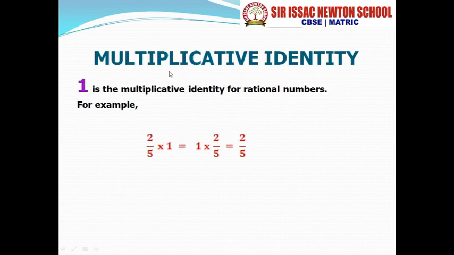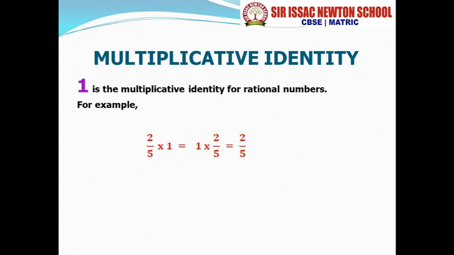What is multiplicative identity? When I multiply a rational number by 0, the value becomes 0. But when I multiply by 1, I get the same number. Suppose a rational number is 2 by 5, when 2 by 5 gets multiplied by 1, I get the same number 2 by 5. So our multiplicative identity is 1. When I add 0 to a number, I get the same number.